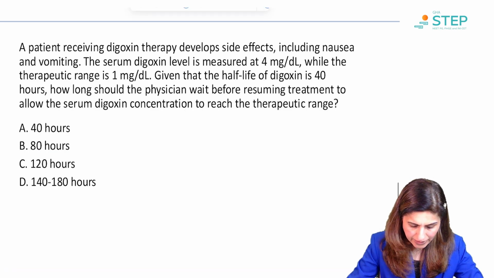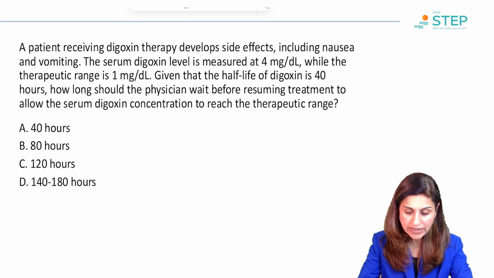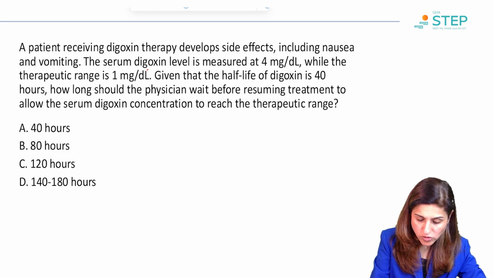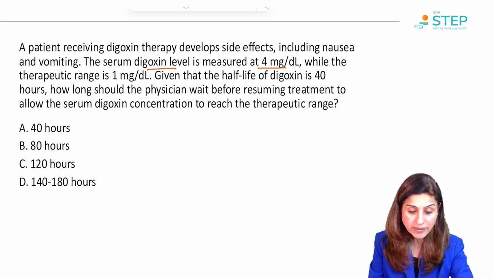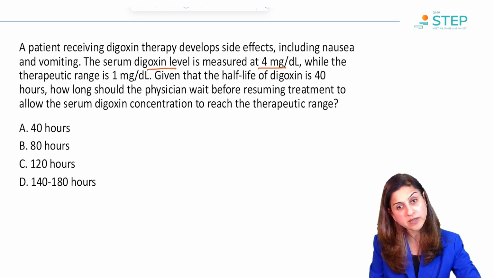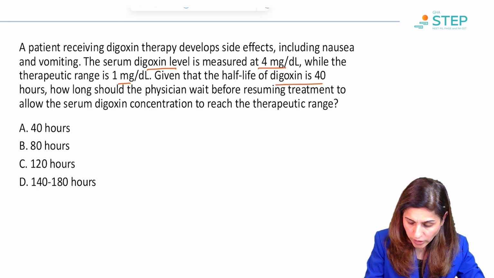Okay. Next. A patient receiving digoxin therapy develops side effects including nausea and vomiting, and the serum digoxin level is measured at 4 milligrams per deciliter, while the therapeutic range of this drug is 1 milligram. So it is way above the therapeutic range. Half-life is given to you, that is 40 hours.